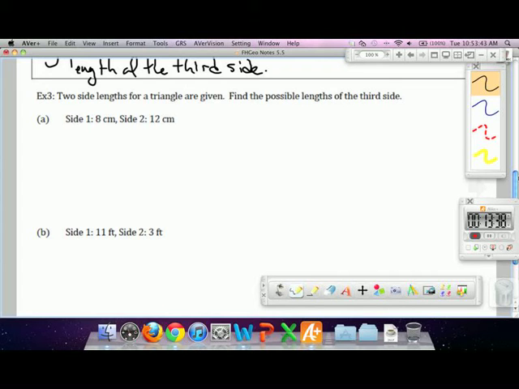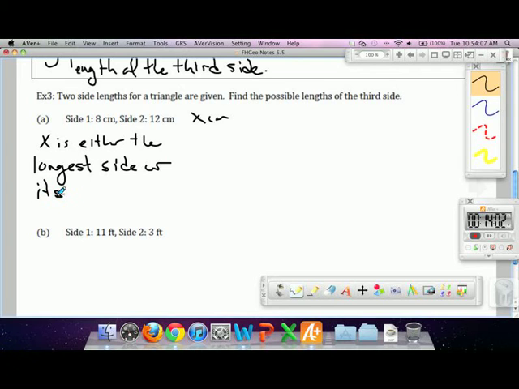X is one of 2 possibilities, and don't laugh because it's going to sound kind of dumb, but it's got to be one of these 2 things. X is either the longest side, or it's not the longest side. Would you agree with this statement?